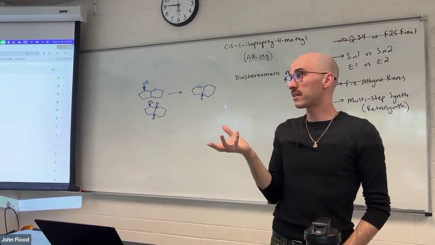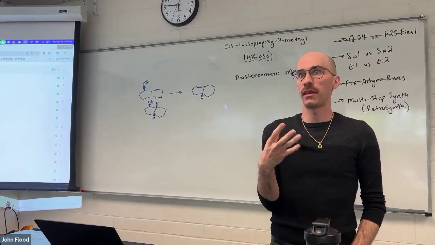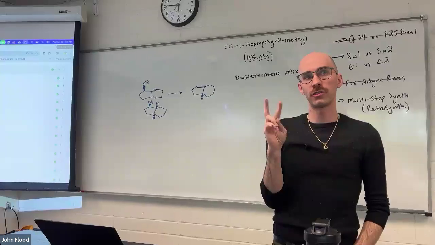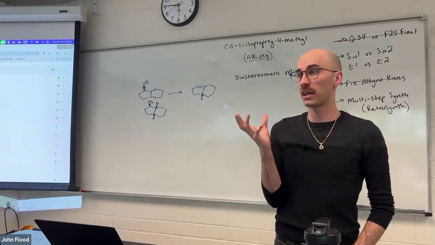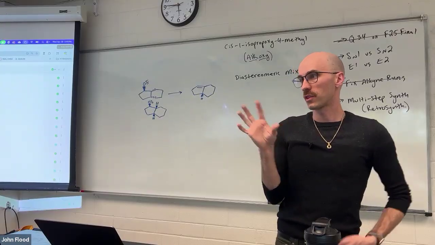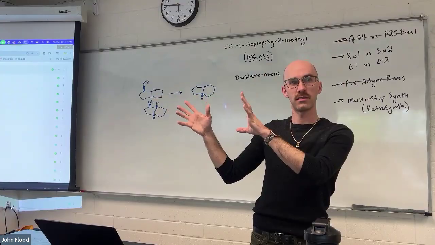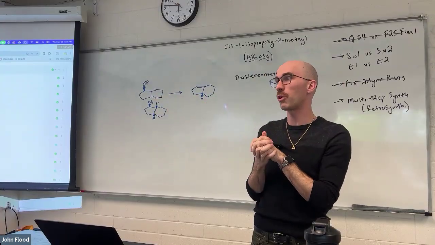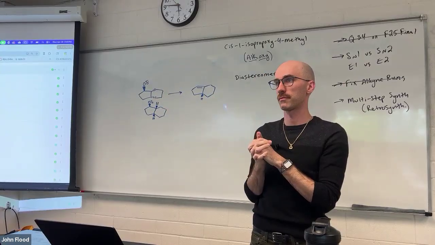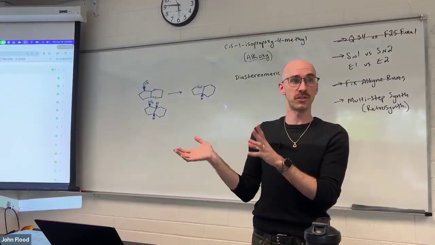When it comes to bases doing elimination reactions, there are, I guess, a few different flavors of base. One flavor is Zaitsev bases. Zaitsev had a rule that said the most stable alkene will always form. And the most stable alkene is the most substituted alkene.